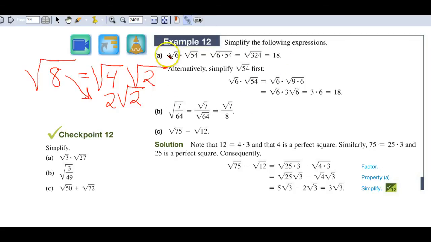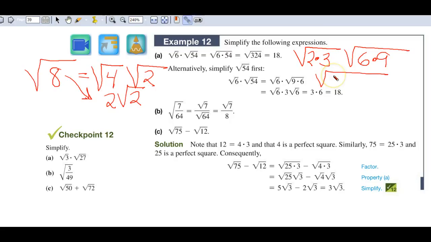Now, suppose you had something like this in example 1. Let's see what we can do here. 6, we know, is 2 times 3, and 9 times 6 is 54. So underneath our radical sign we have 6 here and 6 there.